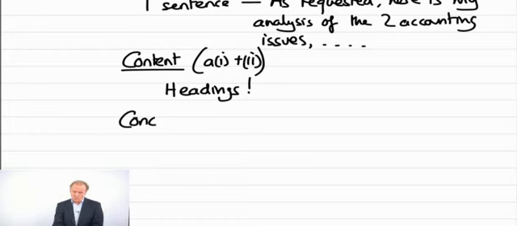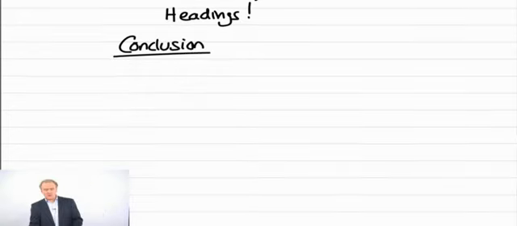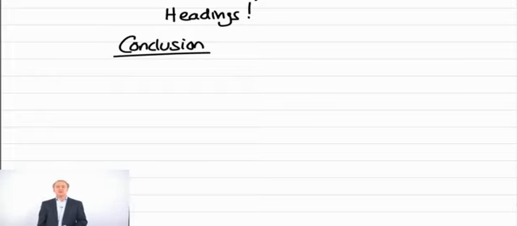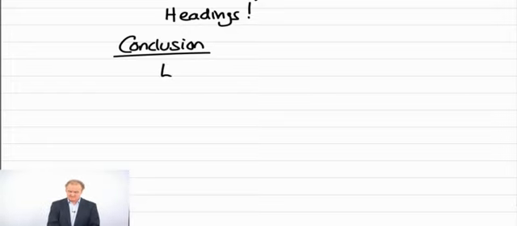And then at the end of your answer, a one-line conclusion. And you know what? The conclusion typically says the same thing all the time. Because in a 35-mark question, there are bound to be a lot of issues, aren't there? My conclusion is fairly easy to write, even before I've read the story. Lots of issues.